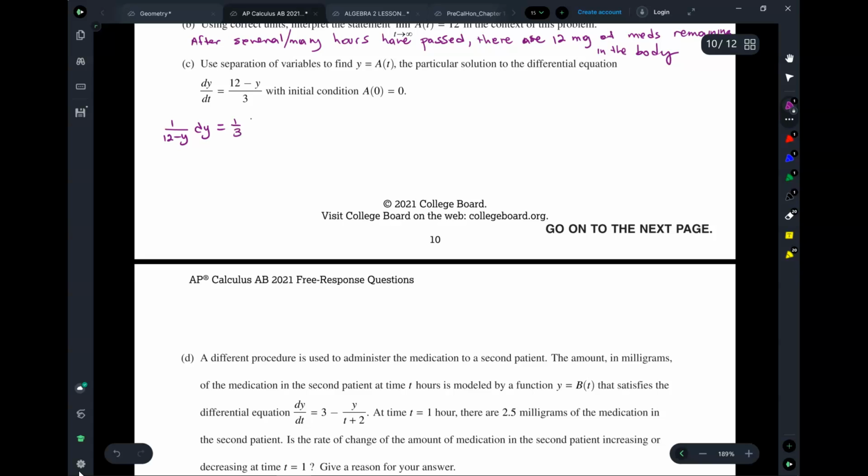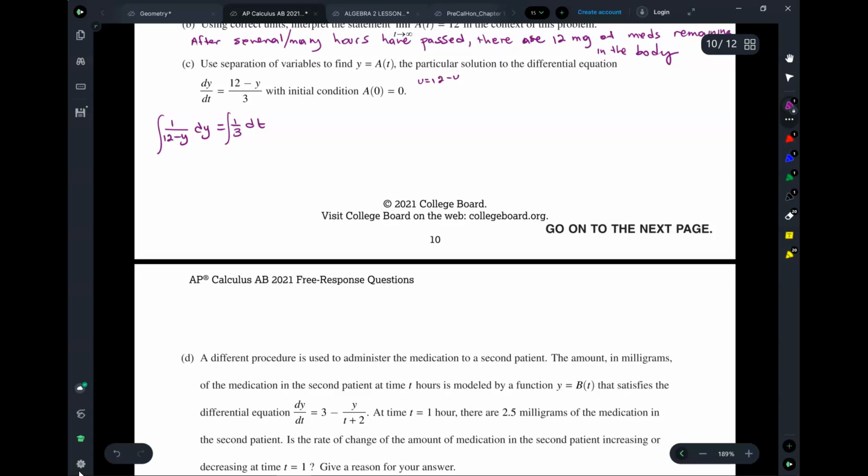That's what's left there. Now I integrate and I integrate. Okay, the left side, I have to integrate using u substitution, right? You can do it without, if you do the chain rule properly, but let's just see how it works out.